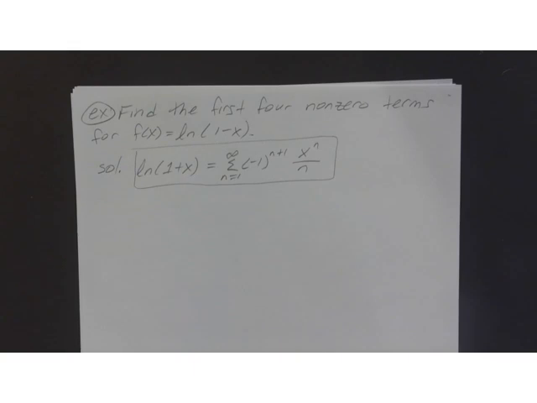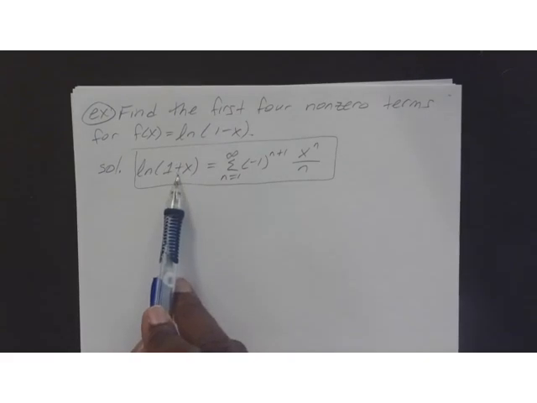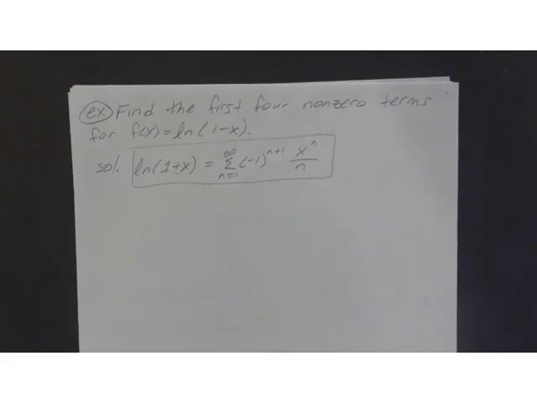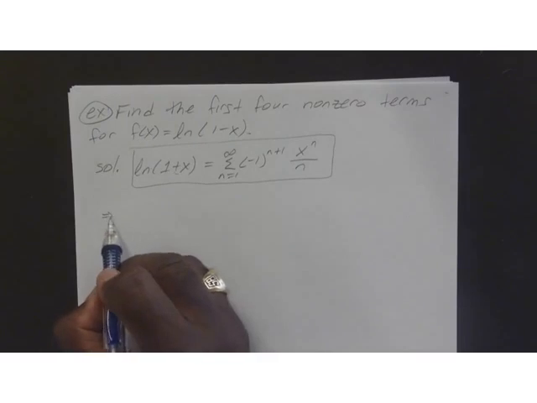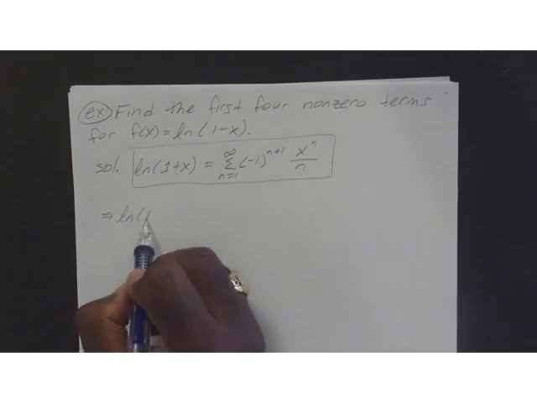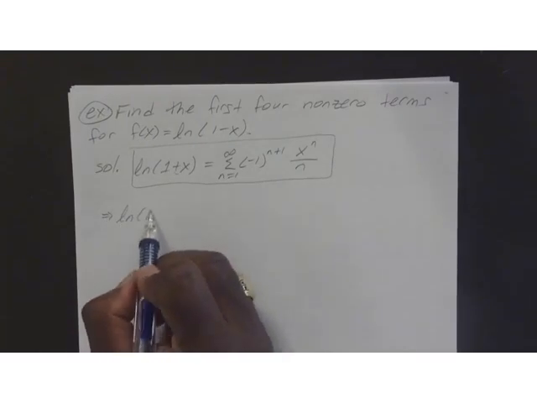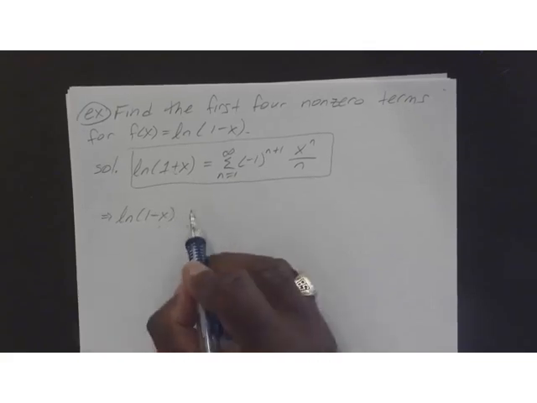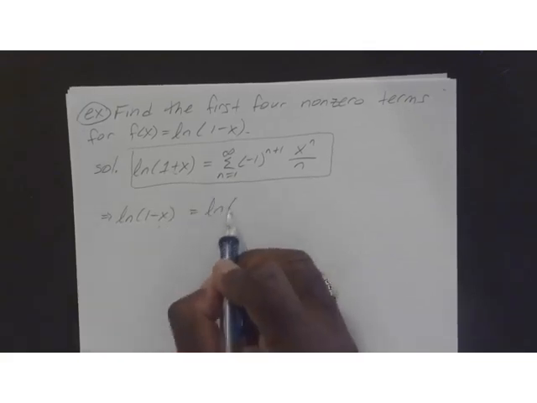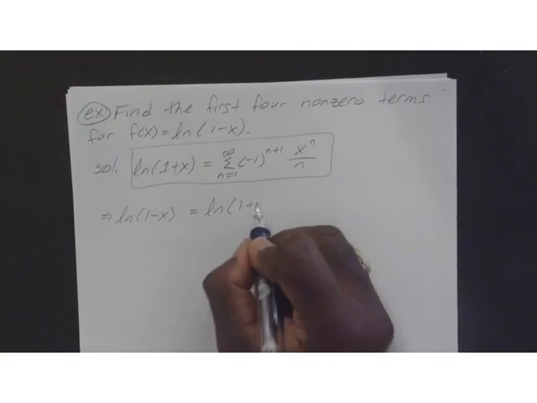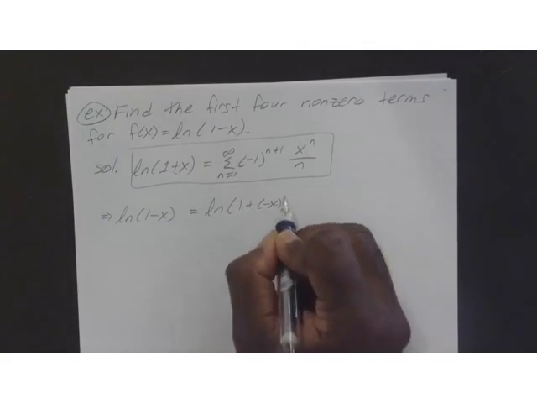So with that natural log of 1 minus x, we want to put it in this form. So that means we can take that natural log of 1 minus x, and we can rewrite that as the natural log of 1 plus negative x.